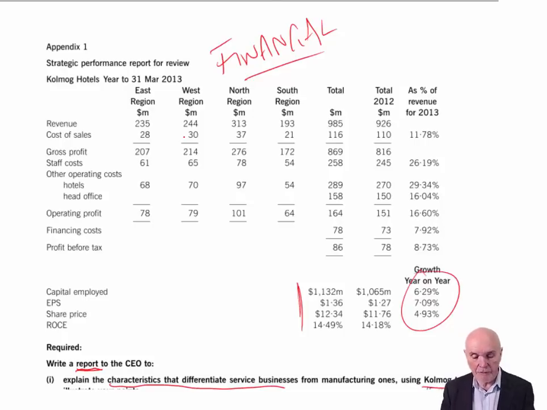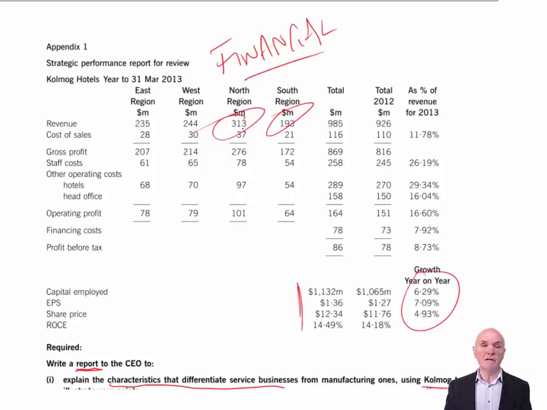Just going down this, we have no idea really whether, for example, the northern region here is doing better than the southern region, because we have no information on this about the number of hotels.